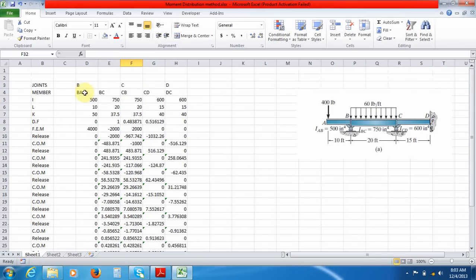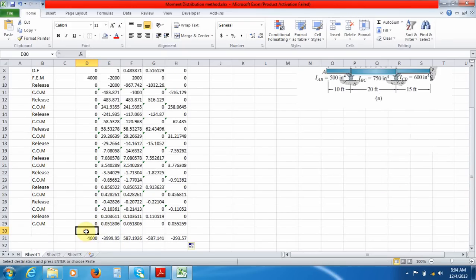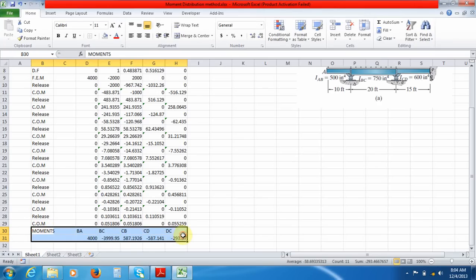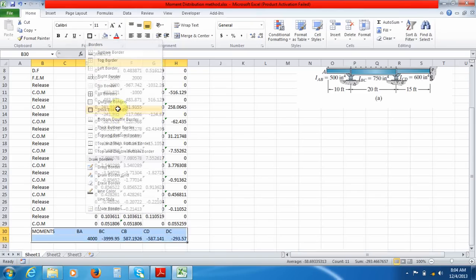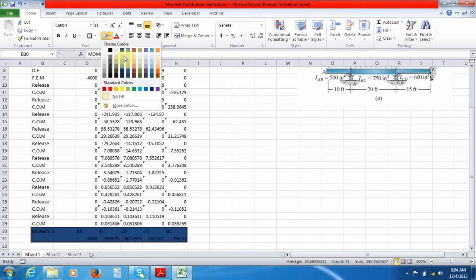Copy these members. Make some borders so that these look different, and also color it some light color.